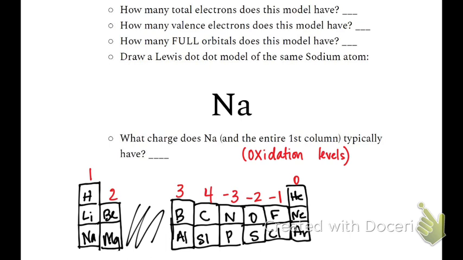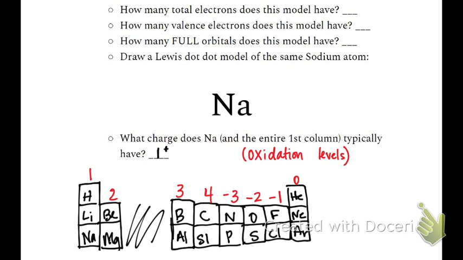Yes. So these oxidation levels tell you what their charge would be. Because sodium will have 1 extra proton. So it'll have a positive charge of 1. And make sure you put positive or negative for those. Okay?